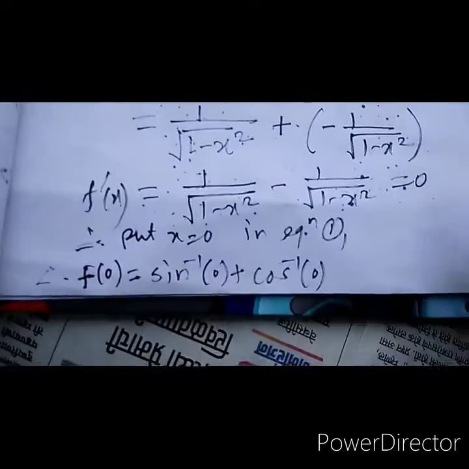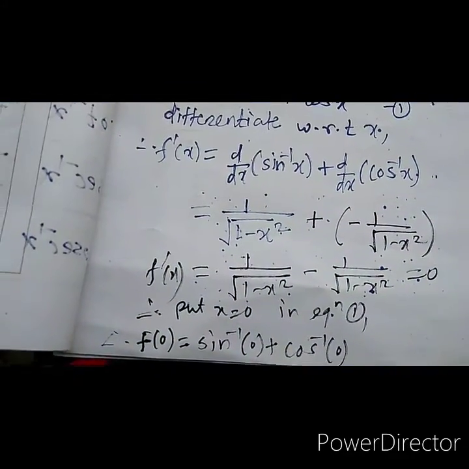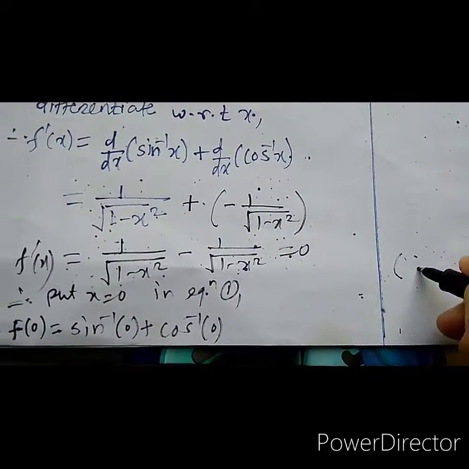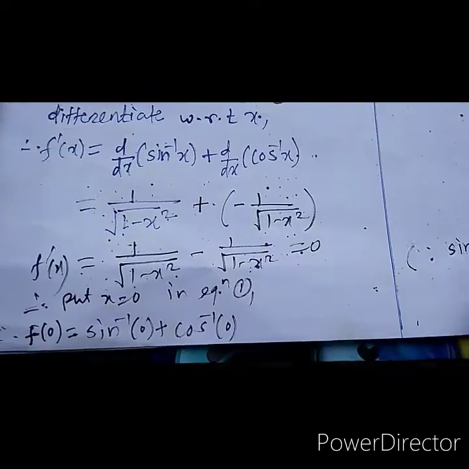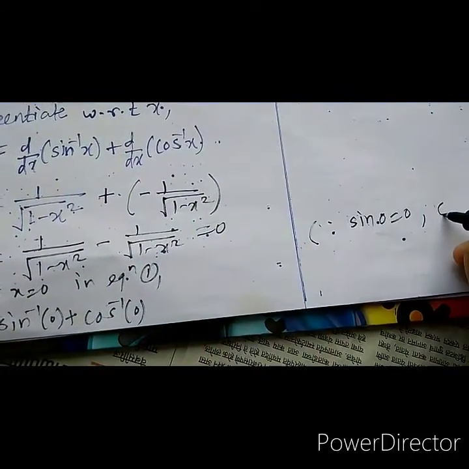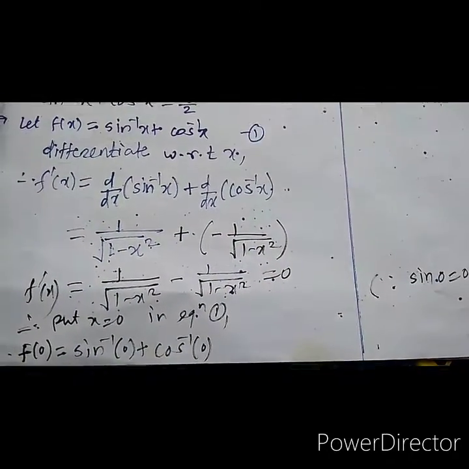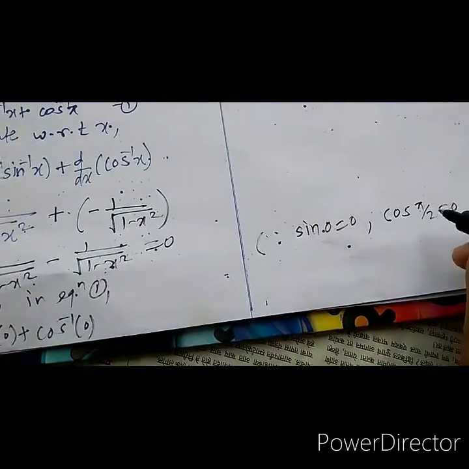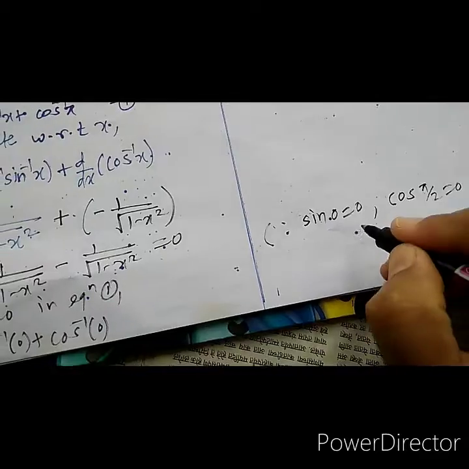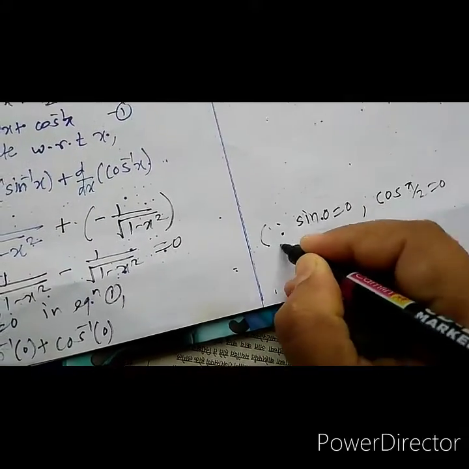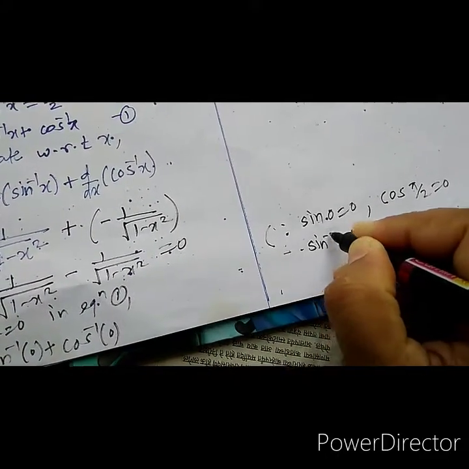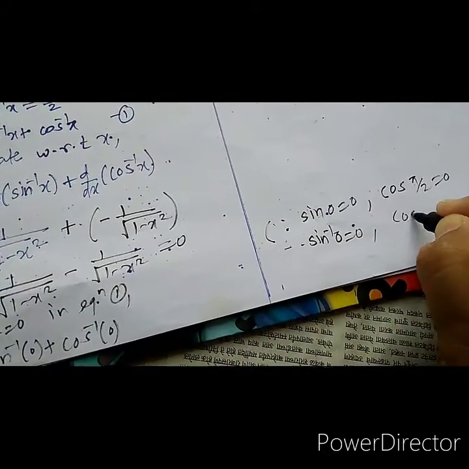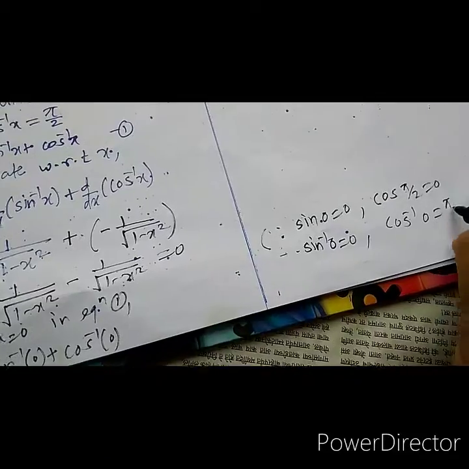But we know that sine 0 is equal to 0 and cos pi by 2 is equal to 0. Pi by 2 means 90 degrees, cos 90 is equal to 0 and sine 0 is equal to 0. It means that sine inverse of 0 is equal to 0 and cos inverse of 0 is equal to pi by 2.